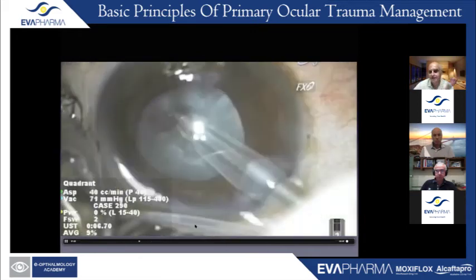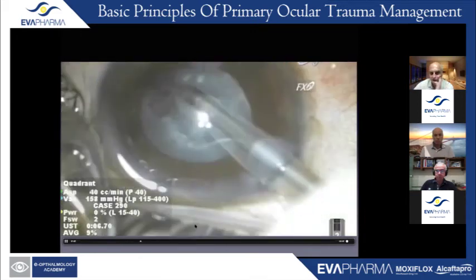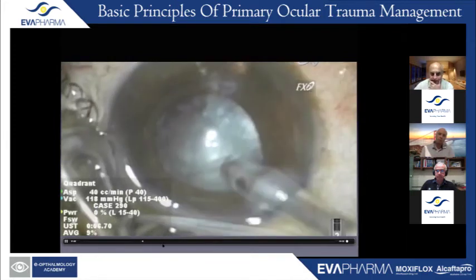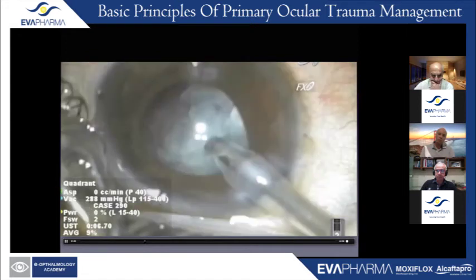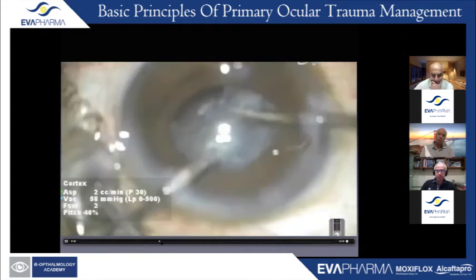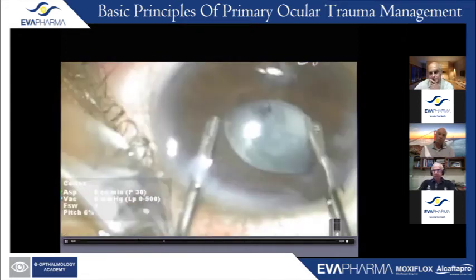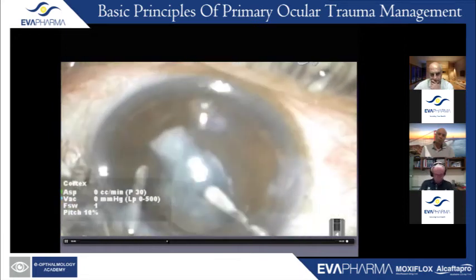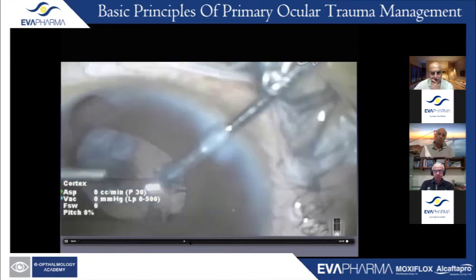Irrigation aspiration is essentially phacoaspiration. You decrease the height of the bottle because you can anticipate posterior capsule rupture.